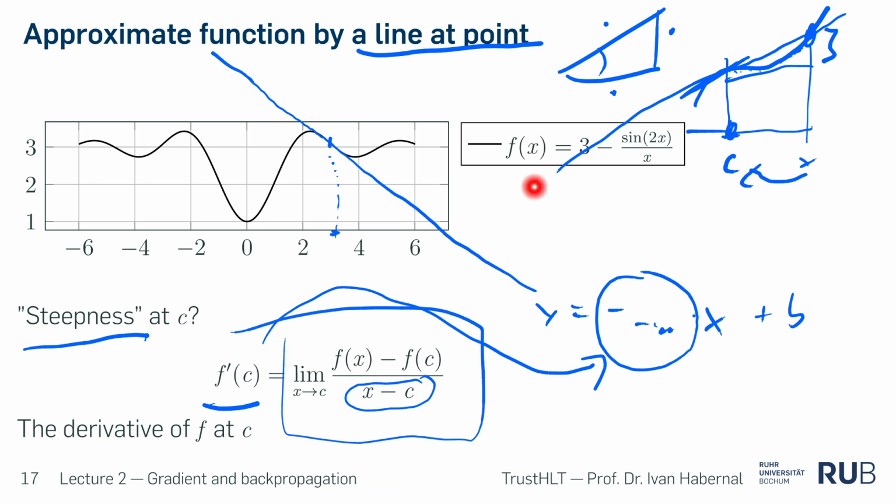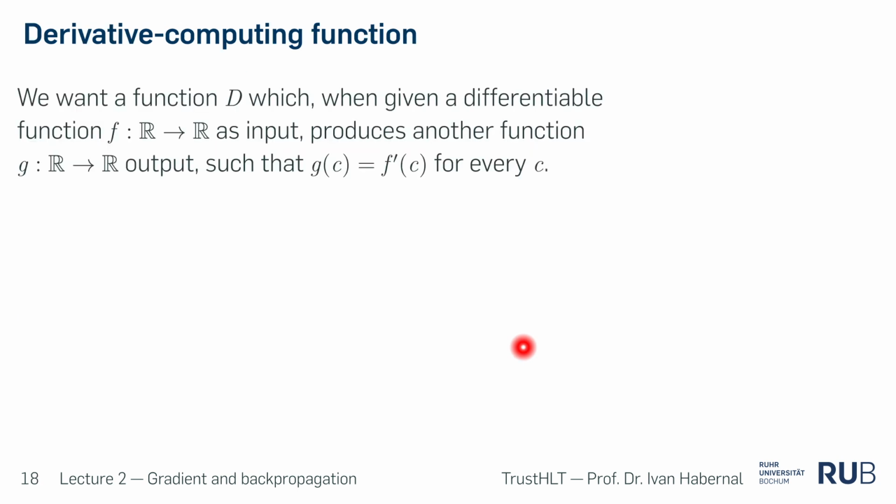Okay, can you compute a derivative of this function using the definition? You could, but it's going to take a while because you need to deal with all these nested limits and so on. So maybe what you need is a derivative computing function, which takes a differentiable function f as an input and produces another function g that, for any c we're given, gives you the derivative of the original function.